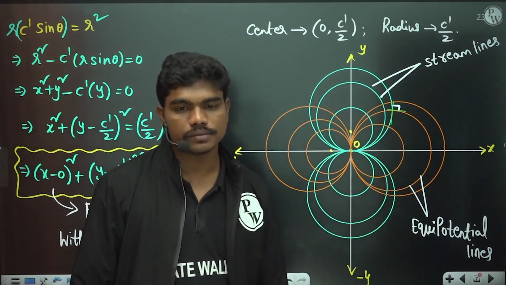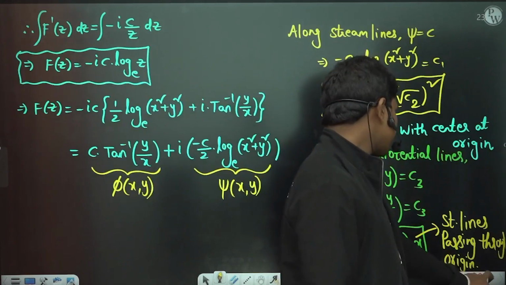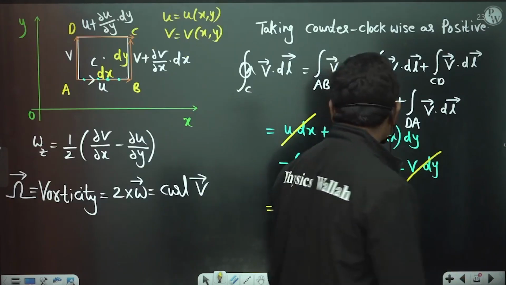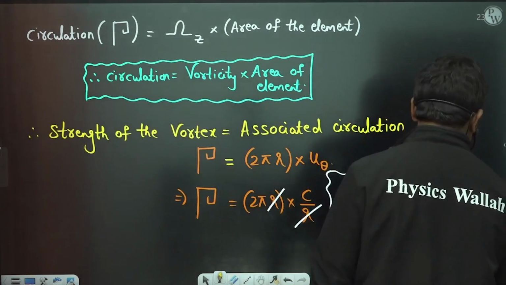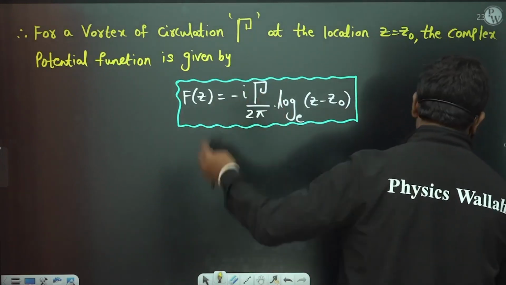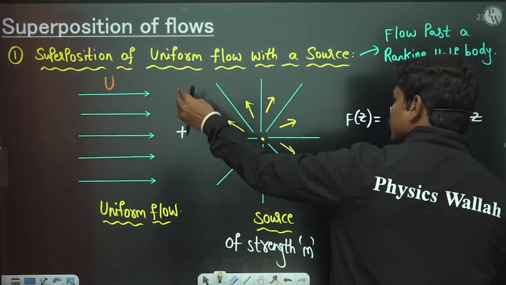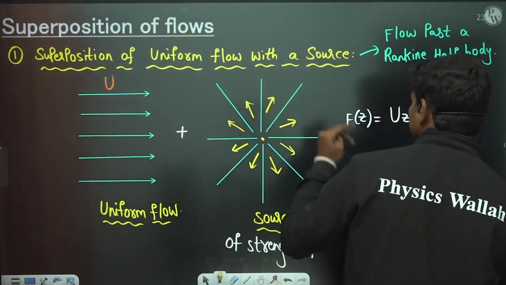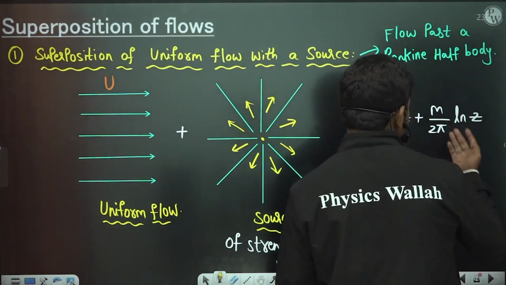Okay, clear? Now similarly, we have seen the case of vortex flows, then the strength of the vortex, and some concept of circulation. So vorticity into the area of the element we have taken, and basically we have generated these stream functions, I mean the complex potential function. Then superposition of flows: we have done uniform flow plus source, and we got this particular equation.